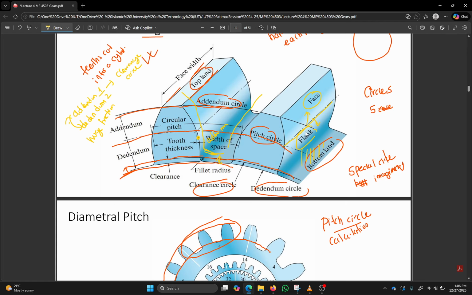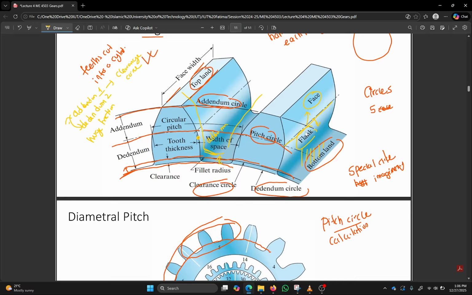It's called the circular pitch, and this circular pitch is denoted by small letter p. It's a very important term, and it's used in calculations for gear design. So what will be the value of circular pitch?